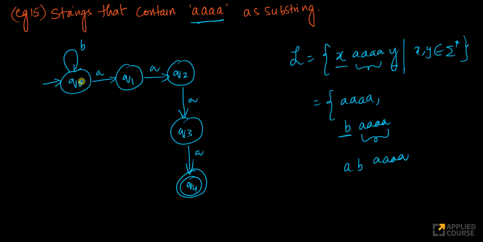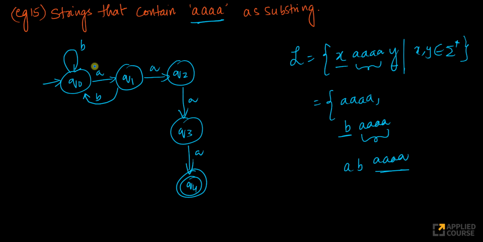So for example, this will take me here. So A, B. Where should B go now? So that if I get 4 A's after B, again this word will be accepted by this machine. So again, if I get a B, the moment I get a B, I just go back here. Similarly, for this state, I have the transition on A, but the transition on B is still not defined.